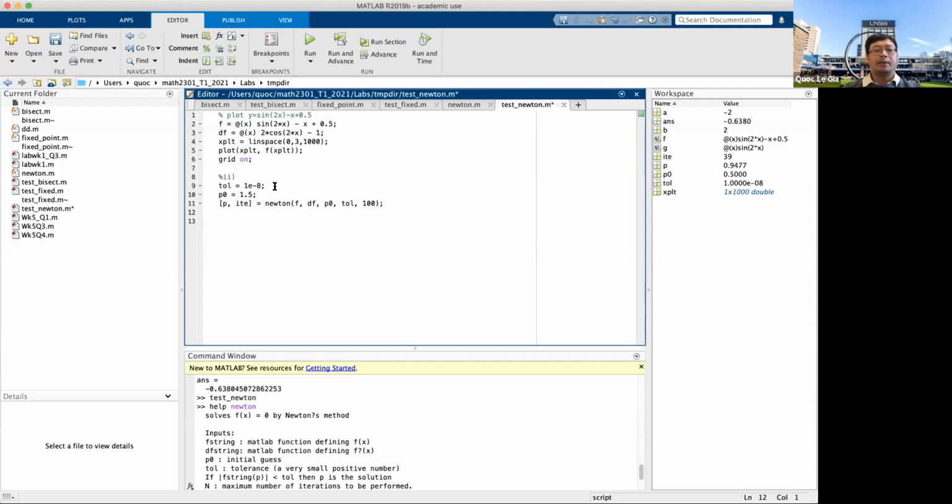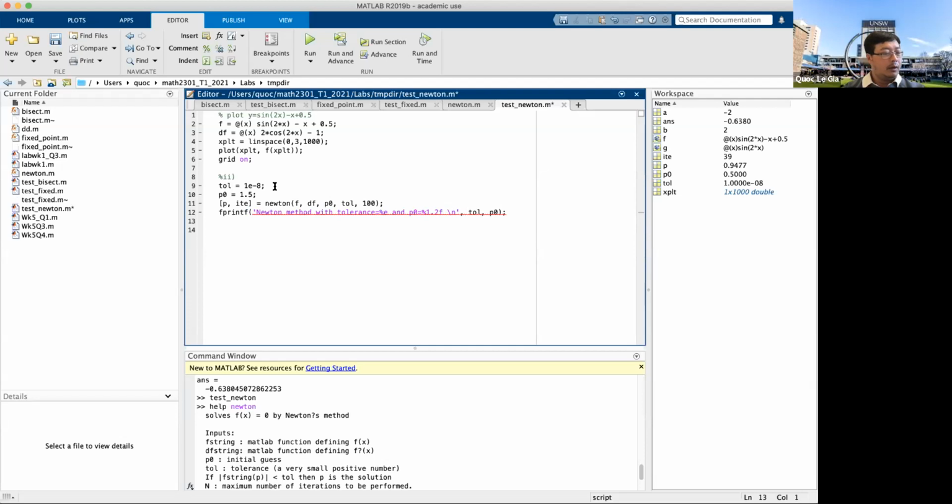And then you print out the message. So fprint f, Newton method with tolerance and initial guess. Okay, so you put in tolerance here and initial guess here, p0 here.